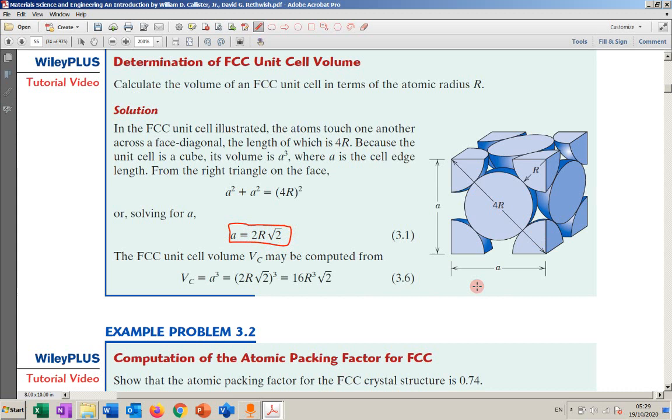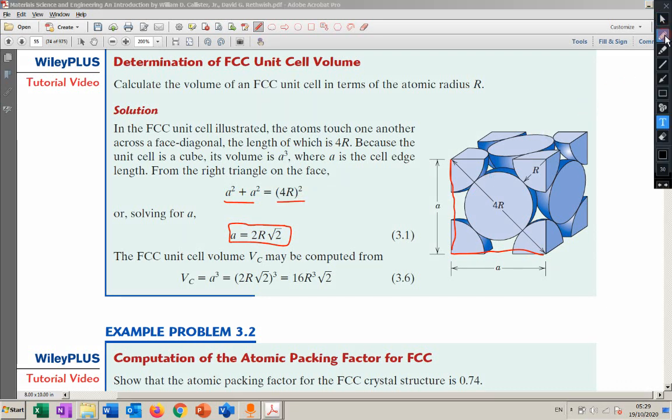Now, we said that we're going to take this triangle here. This is A, this is A, and this will be 4R, so A squared plus A squared is going to give us 4R squared. Opening up this one, it's very easy to do this calculation, but let's just do it to see that you may have something different.